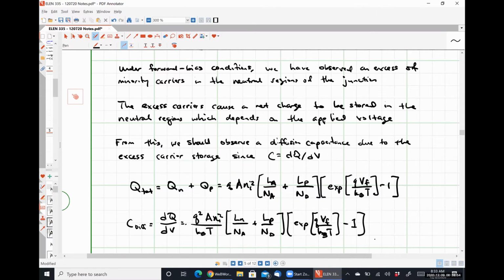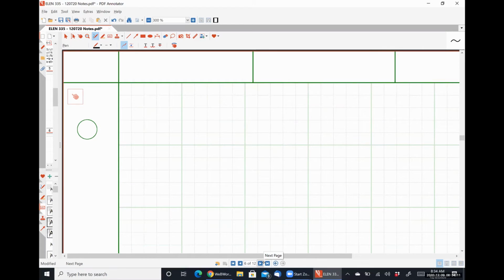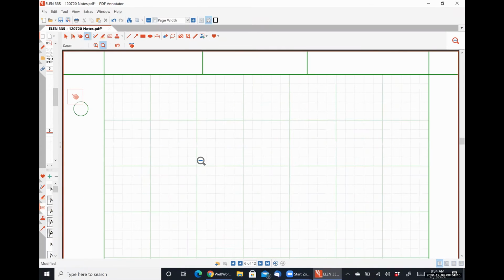All right, so I think that is enough for forward biased PN junctions. So now let's talk about reverse bias PN junctions.